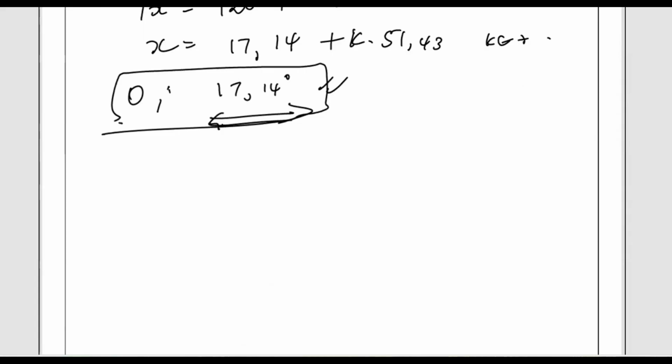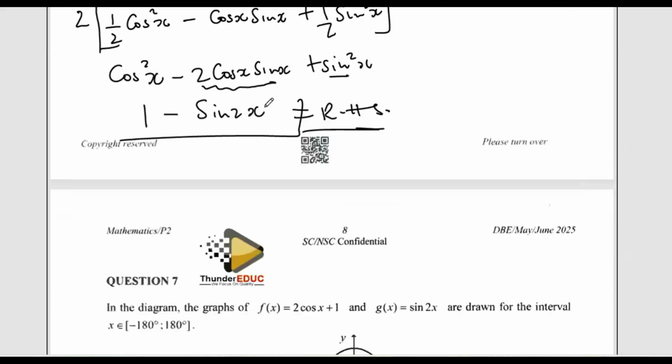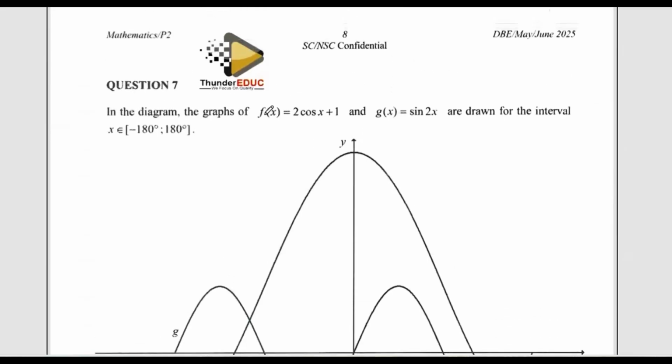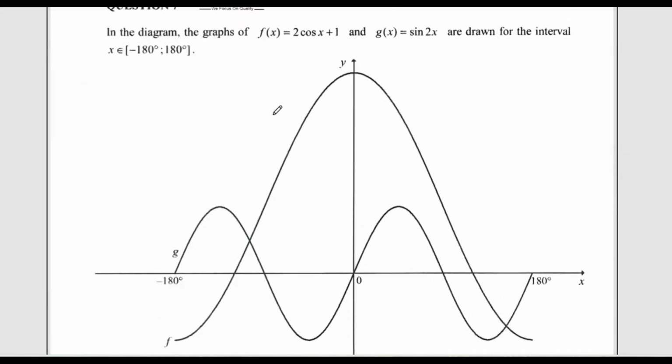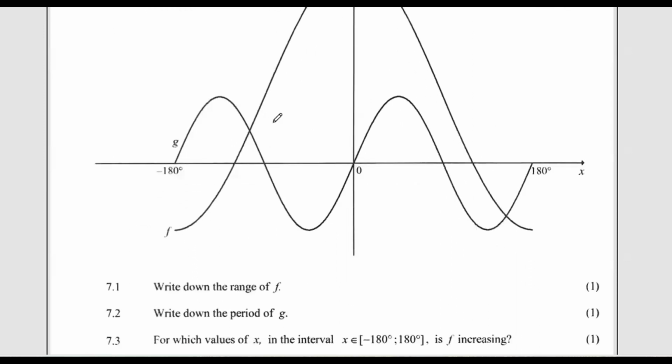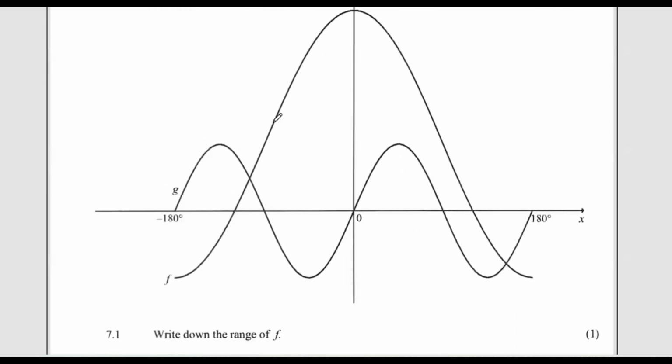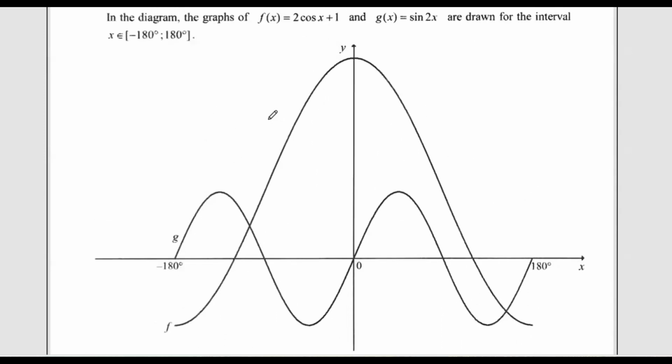All right, so we move on to question number 7. We have two graphs, F and G, okay? Then they want us to write down the range of F. So one thing we need to know is that initially, if we have a 2 cos, the range was supposed to be -2 and +2.